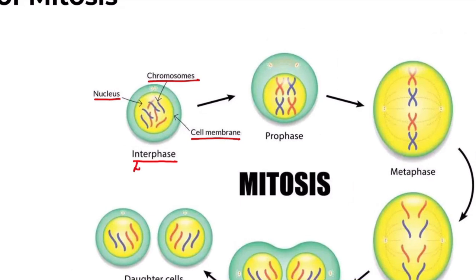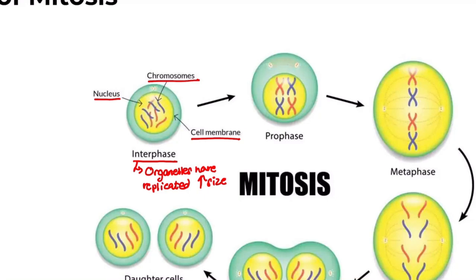So during interphase, your organelles have replicated and the cell has grown in size. That's basically what's happened in interphase, and it's basically decided whether it's going to carry out mitosis or not.